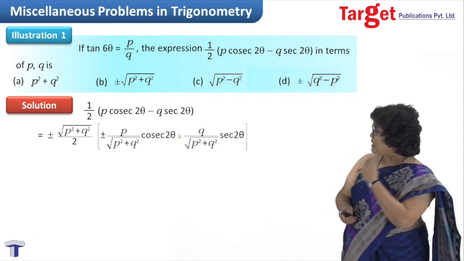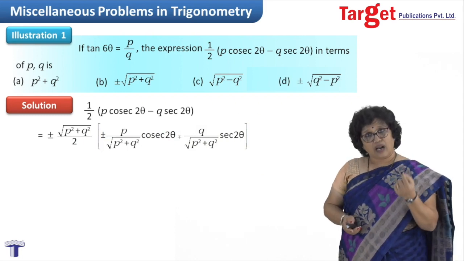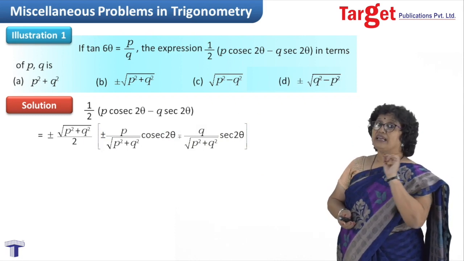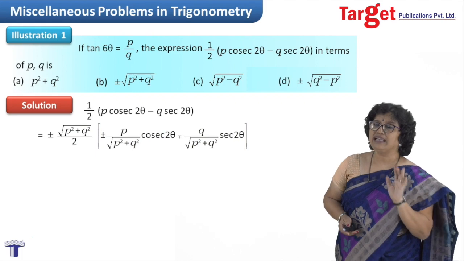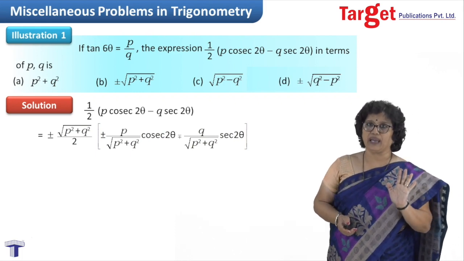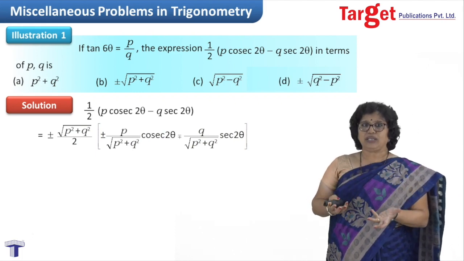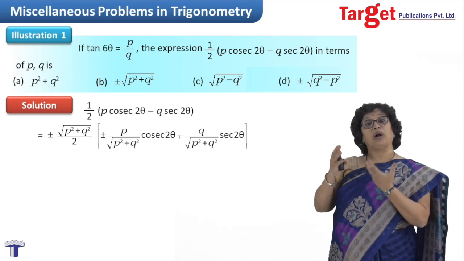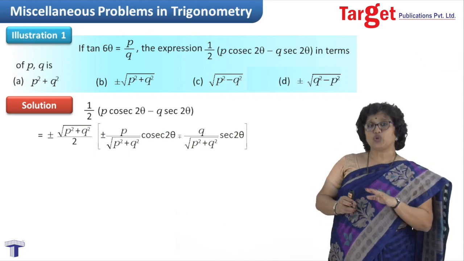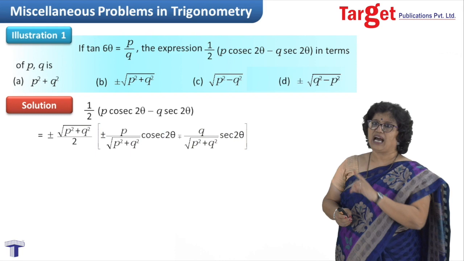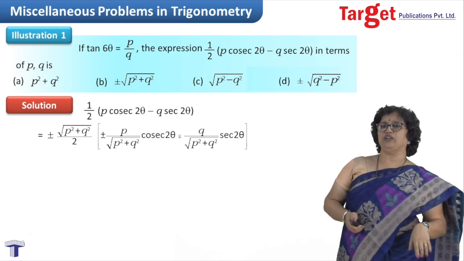I multiply and divide by under root p square plus q square, and outside I have written a plus minus sign, just to be on the safer side, since we do not know which quadrant the angle will lie in.